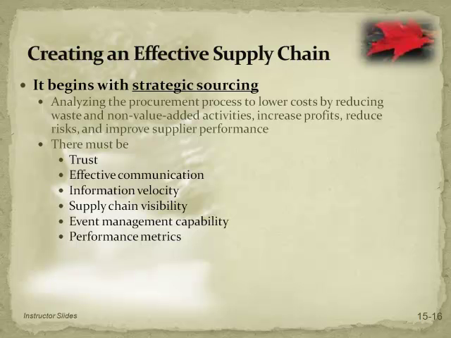Strategic sourcing is the identification of the few key suppliers who we can use to help us reduce our overall costs. It involves a great deal of trust between your company and your supplier, as well as communication, collaboration, and coordination between the two companies.